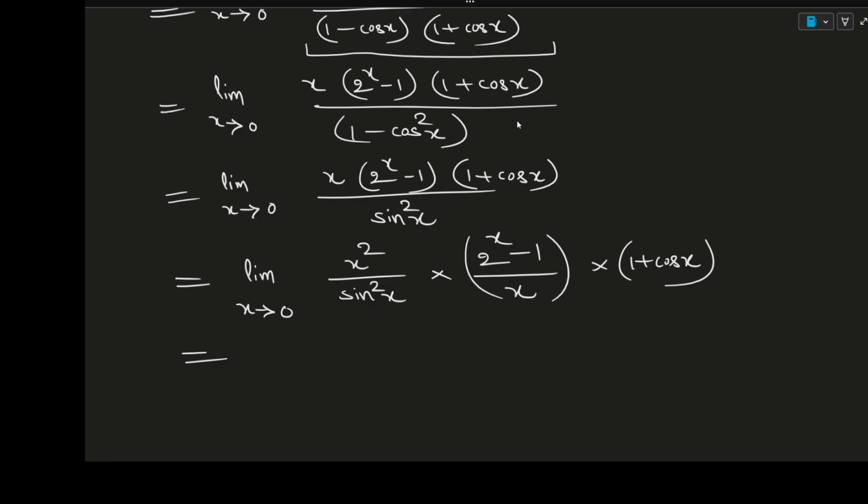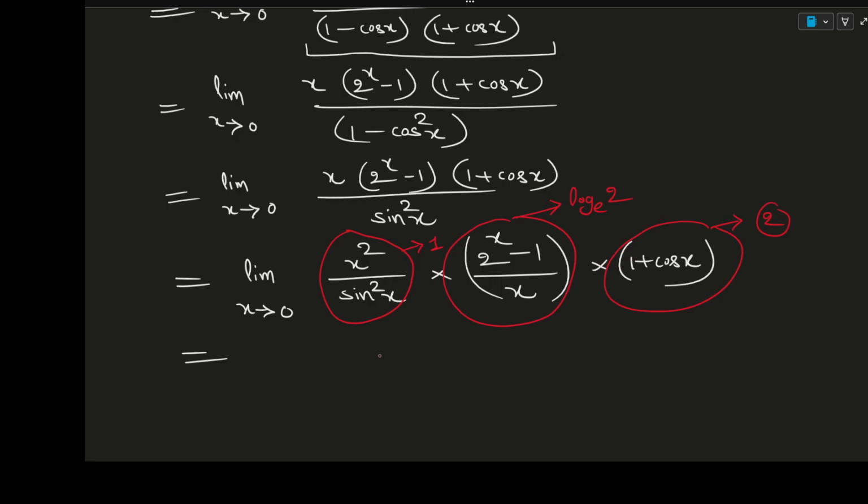The limit of this function when x tends to 0 will be 1, and the limit of this function will be log e to the base 2, and the limit of this one will be reduced to 2, as cos 0 is 1.